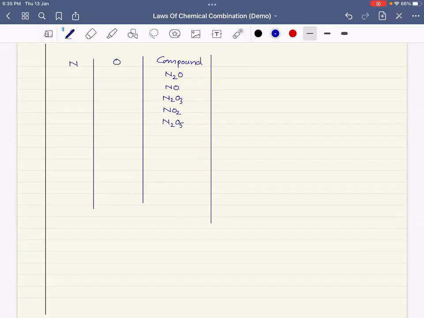So in these 5 compounds, in the first compound, N2, so mass of nitrogen will be 14 into 2, that is 28 gram, and oxygen it will be 16. In the second case, there is one nitrogen, so mass will be 14, and oxygen will be 16. And in the third case, there are 2 nitrogen, so mass will be 28, and there are 3 oxygen in N2O3, so mass will be 48 gram.